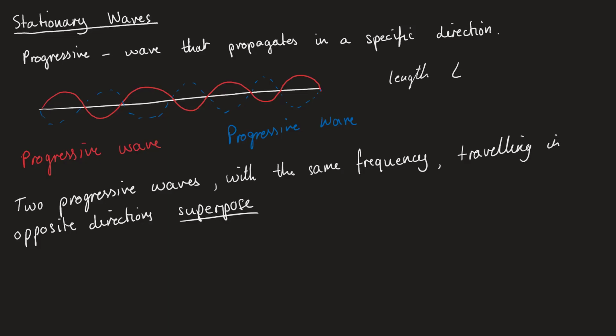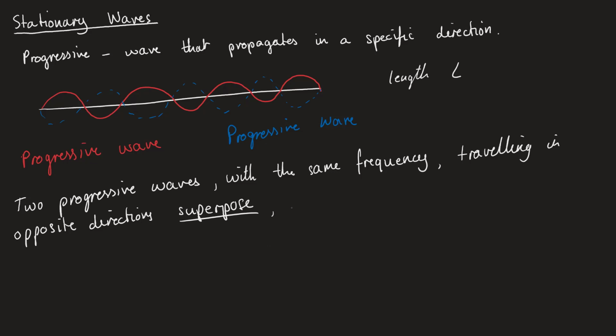To finish up this idea, we're going to introduce some terminology. I'm going to explain what this means in a second. Two progressive waves with the same frequency traveling in opposite directions superpose.